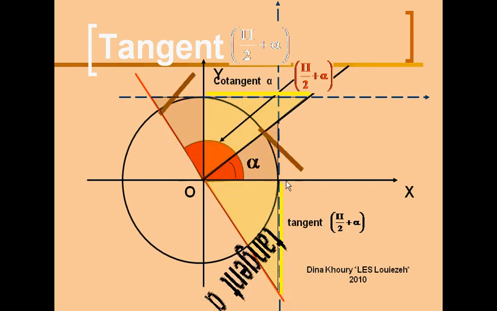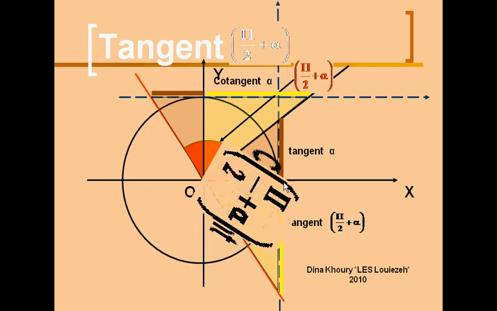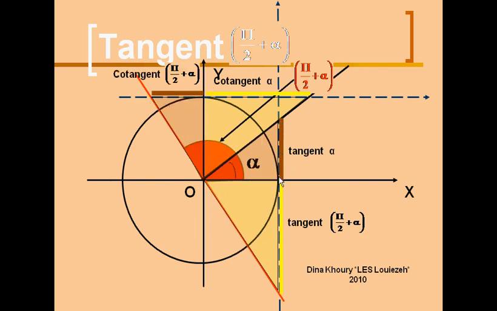Now if you look at these two triangles, they are congruent, and this side of the triangle represents segment tangent alpha, and this side represents segment cotangent pi over 2 plus alpha.